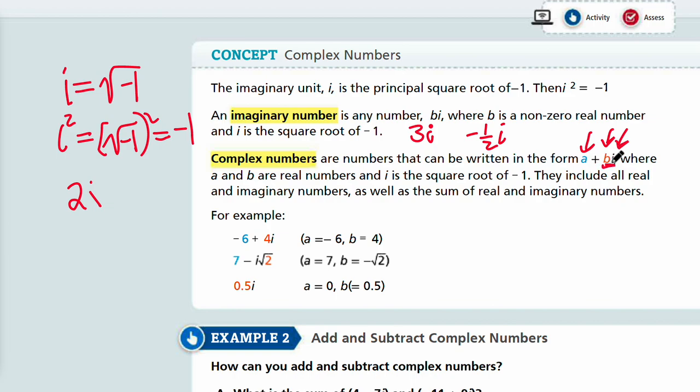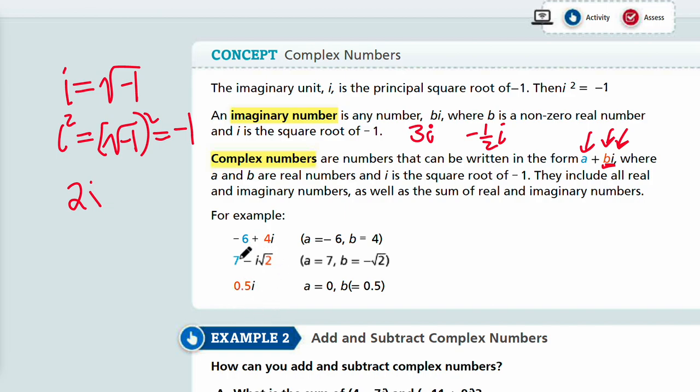So a and b are real numbers, but i is the square root of -1, which is imaginary. Complex numbers include all real and imaginary numbers, as well as sums of real and imaginary numbers. So an imaginary number is a part of the complex numbers.